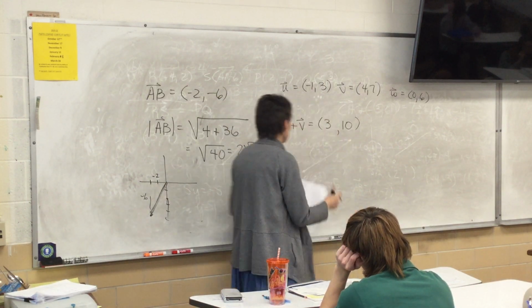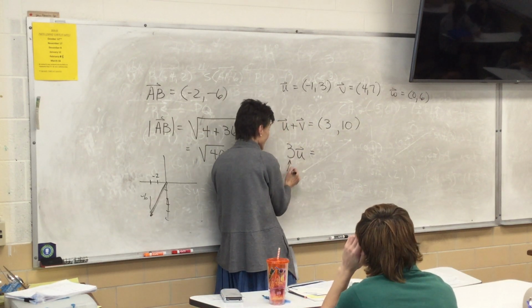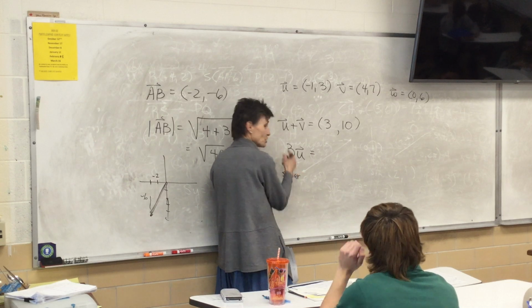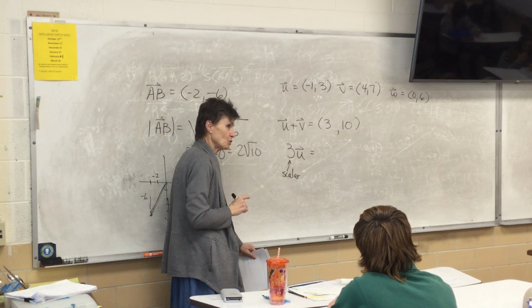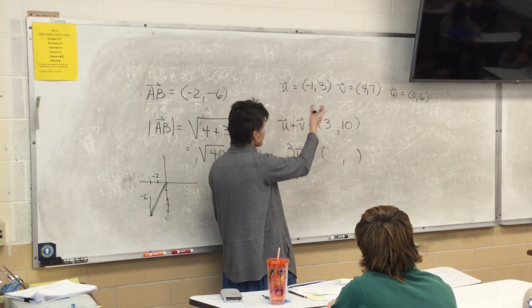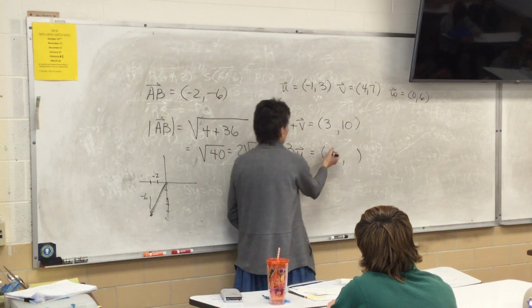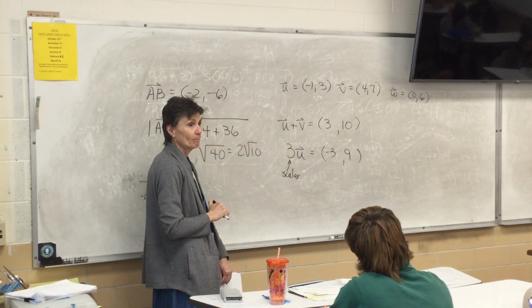All right, 3u. First of all, let's make sure we're clear on our vocabulary. This is a scalar, right? That's just a number. So we are going to multiply 3 times u. And again, you can guess it. It's obvious. 3 times u is going to be what? Negative 3, 9. You just distribute it. It's that simple.